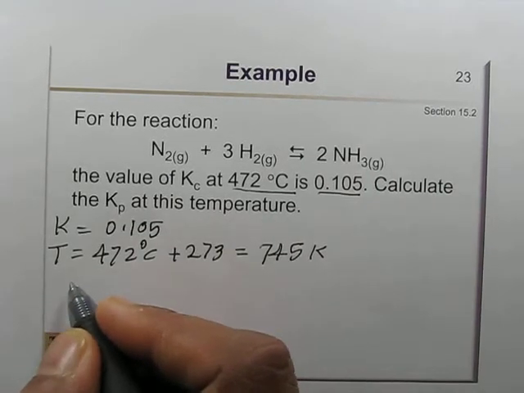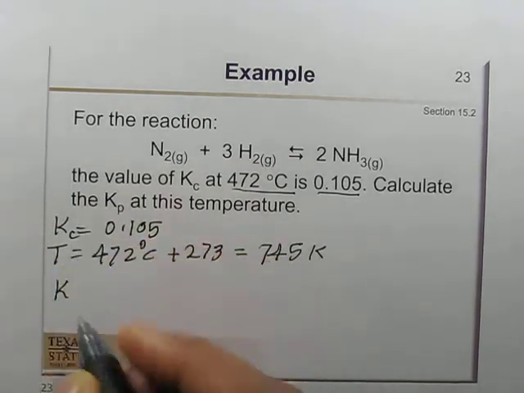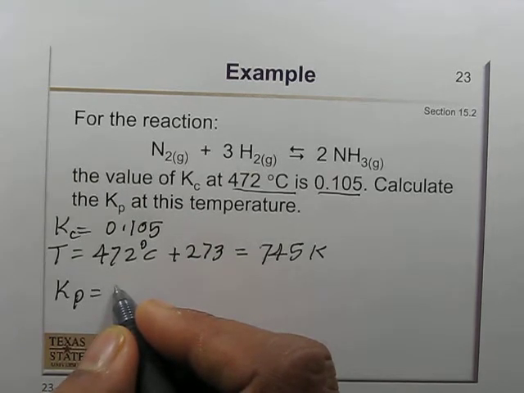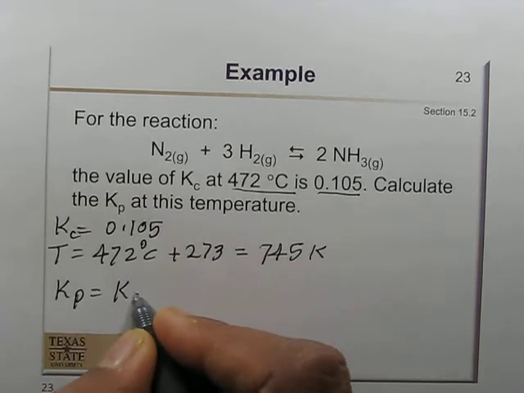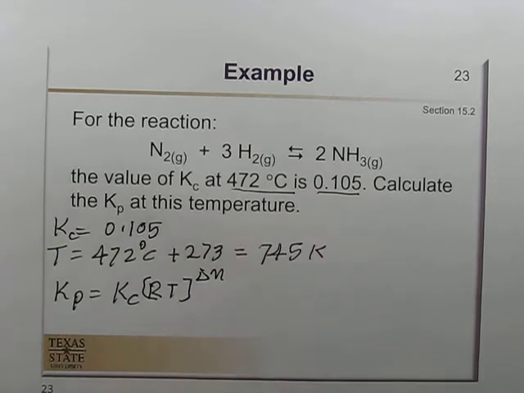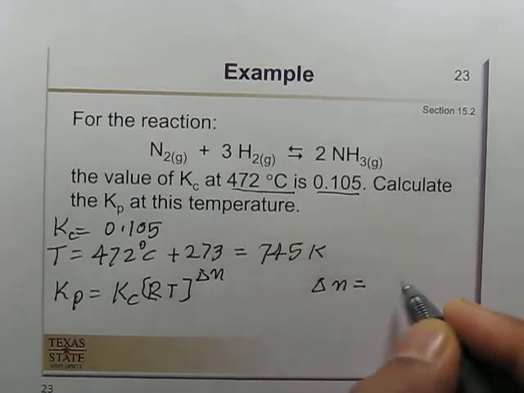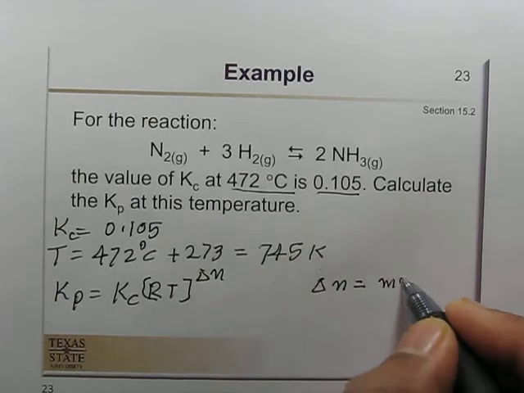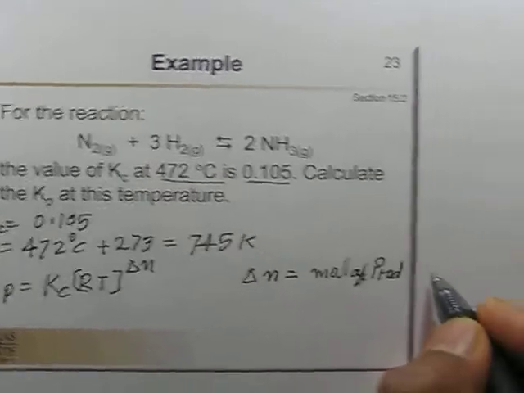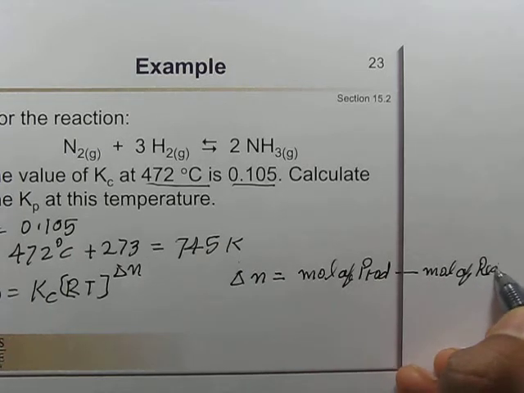And now we have to calculate Kp for this reaction. Kc is given, and for Kp we have just established the Kp-Kc relationship. So this will be Kp equal to Kc (RT) to the power delta n. What is delta n here? If you remember, delta n is equal to moles of product minus moles of reactant, right?